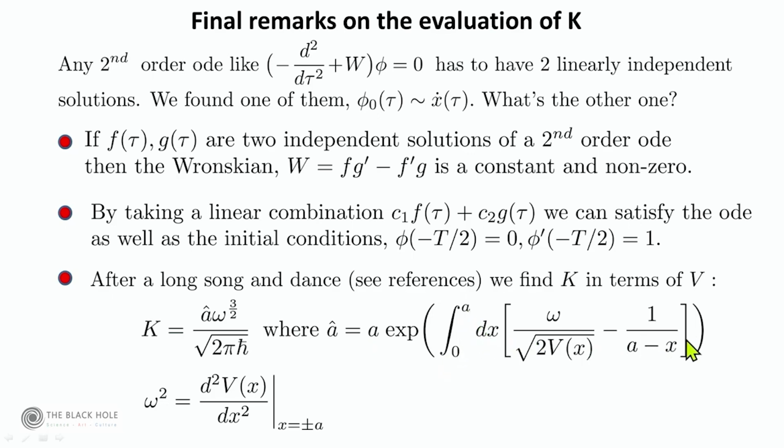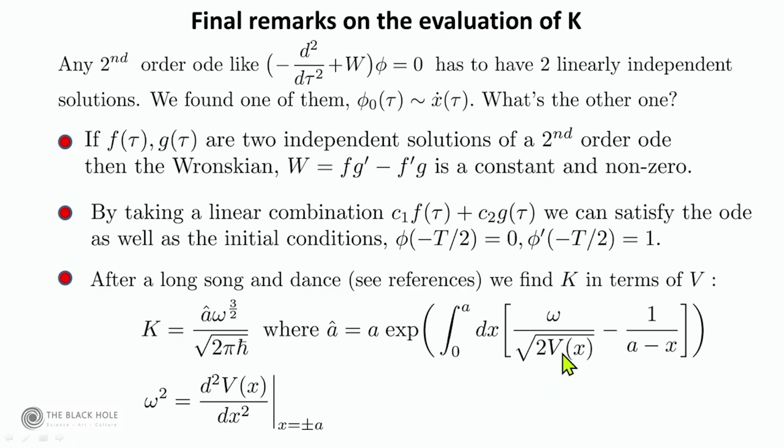Now, this is something that comes because of the singular nature of the integrands. Look over here. When x approaches A, you have a logarithmic singularity. What about over here?